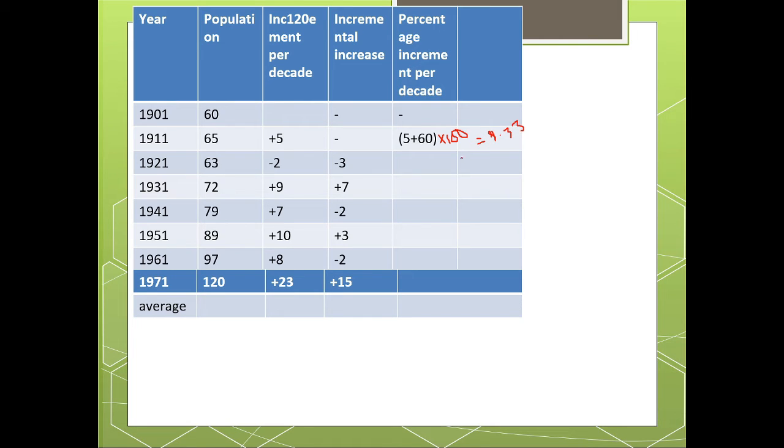This is the percentage increase. For this, 2 divided by 65. For 2 you have to add 65, for 9 63, for 7 72, for 10 79, for 8 89, for 23 97. Okay, like this you have to do. So solve this one into 100.